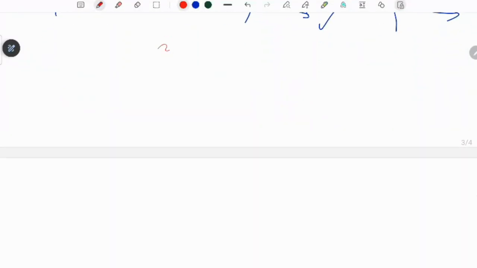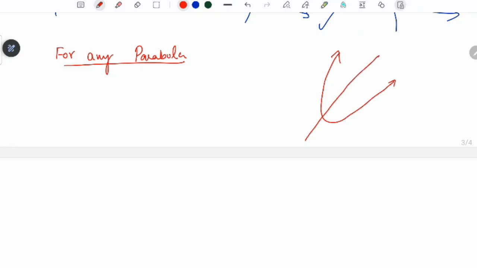For any parabola we take, what should happen? So even if I take a parabola like this, the distance between the point and the axis, if it is alpha, and the distance between the point on the parabola and the tangent at vertex is beta, then what should happen?